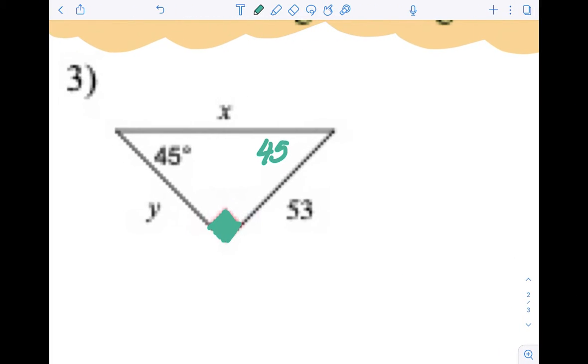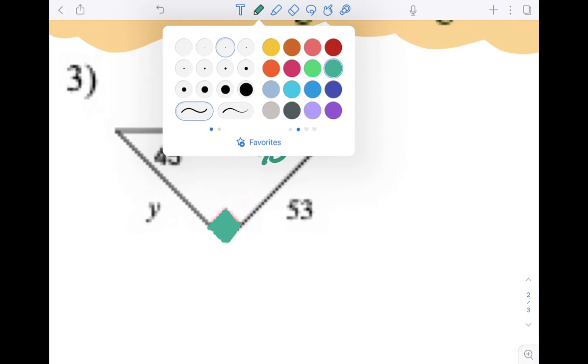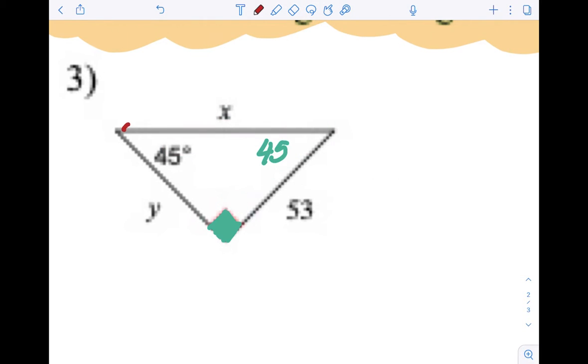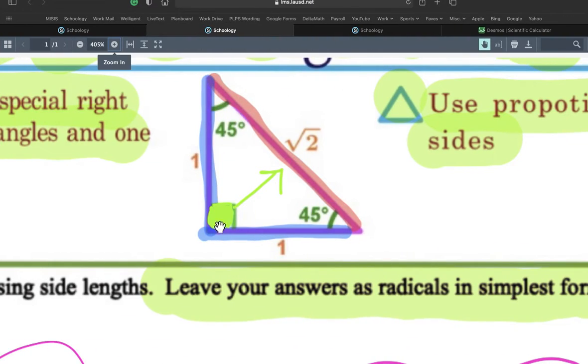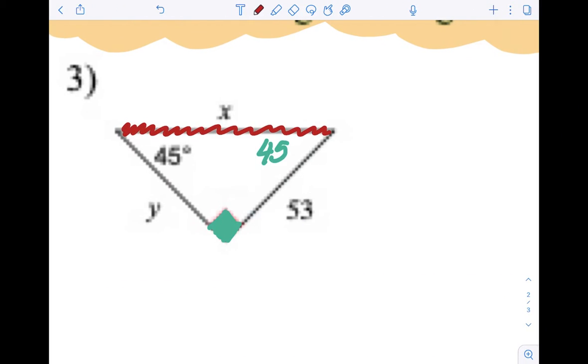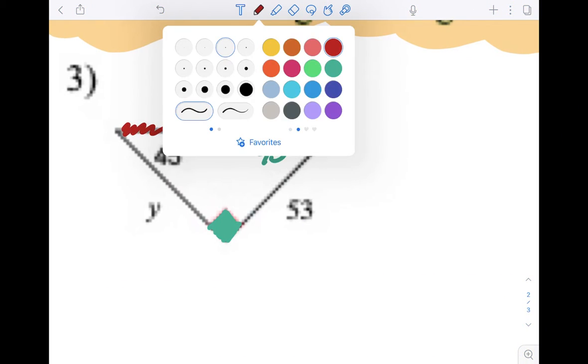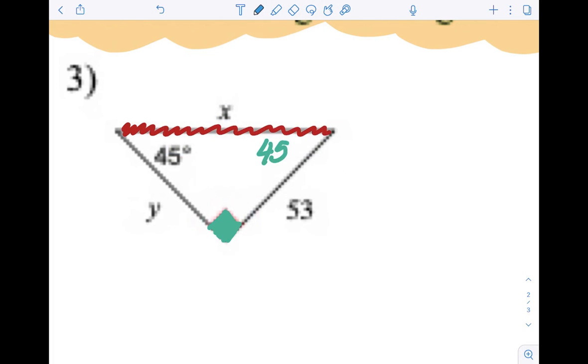Then I notice my 2 legs, which are the same, are in blue. So this is blue here, and this is blue there. Look at that.